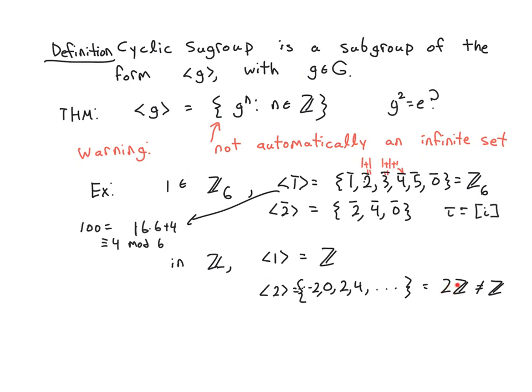So you get the set of even integers, which I'm going to denote by 2 times Z, which is also not Z. So we see the cyclic subgroup is always the smallest group containing the element you're interested in. Sometimes they're finite, sometimes they're infinite. And how big the group is depends on the element.